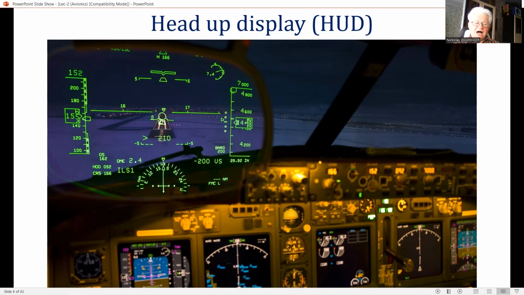The pilot is thus able to absorb both distant outside objects and display data at the same time, without having to change the direction of gaze or refocus the eye.